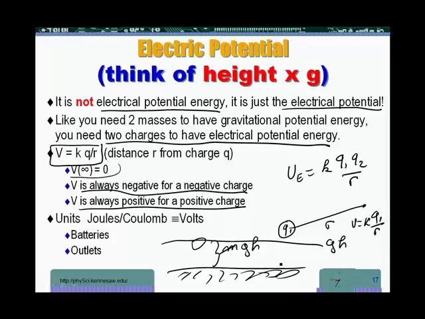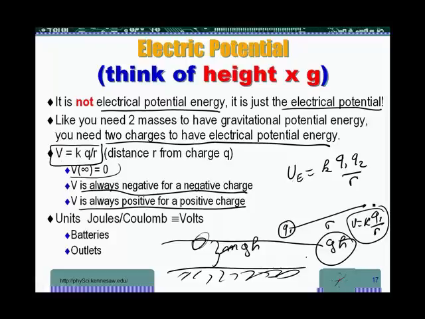There's nothing. But if we place a mass m in there, then the gravitational potential energy would be m times that gravitational potential, m times gh. So gh is essentially the equivalent of our voltage, kq1 over r. So there is no electrical potential energy.